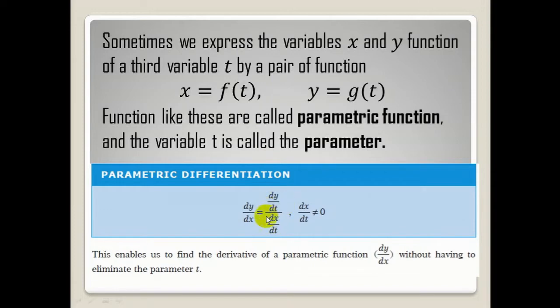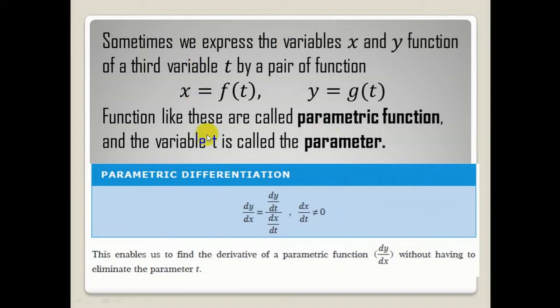Because we can cancel dt from the numerator and denominator, it's still the same result as dy over dx, where dx over dt is not equal to 0. This enables us to find the derivative of a parametric function without having to eliminate the parameter t.